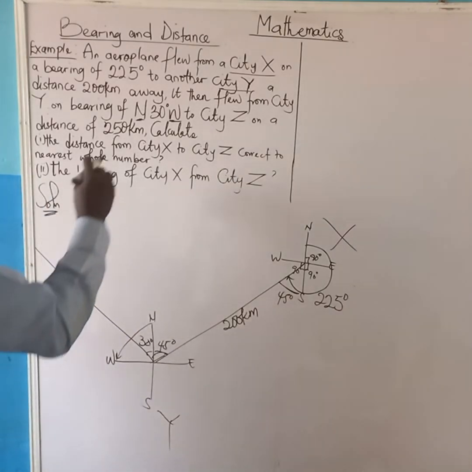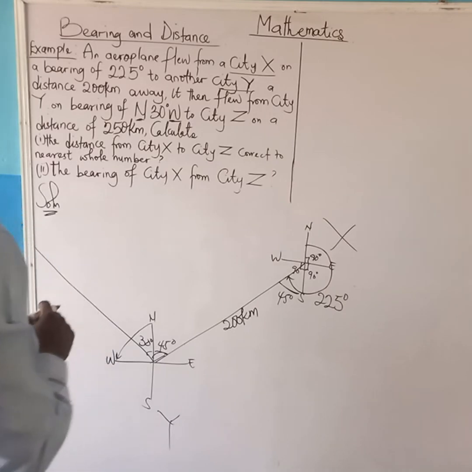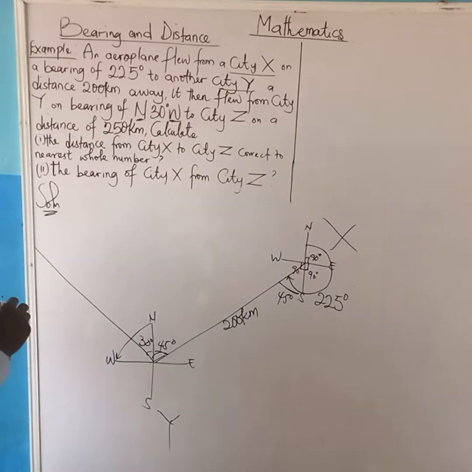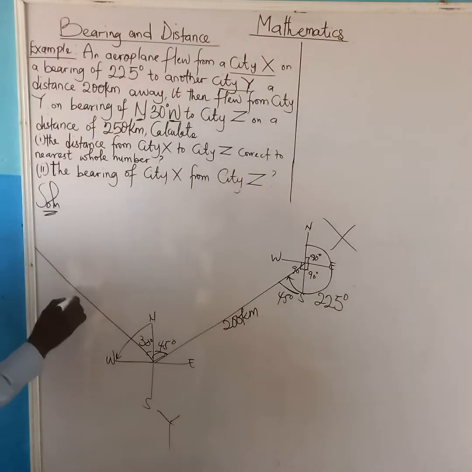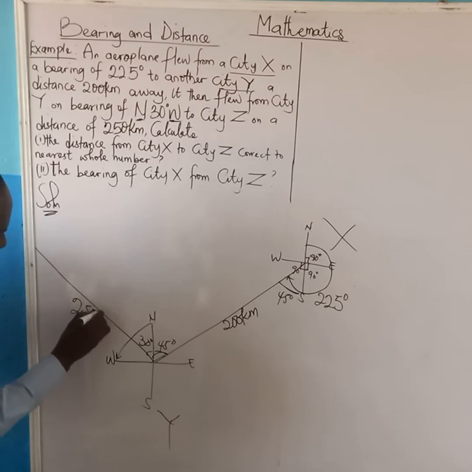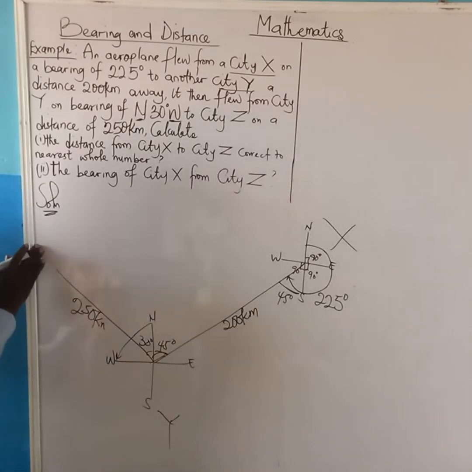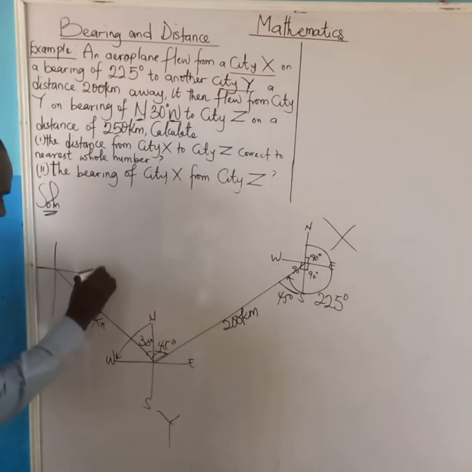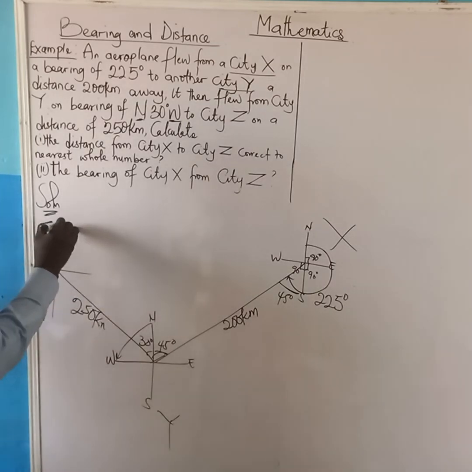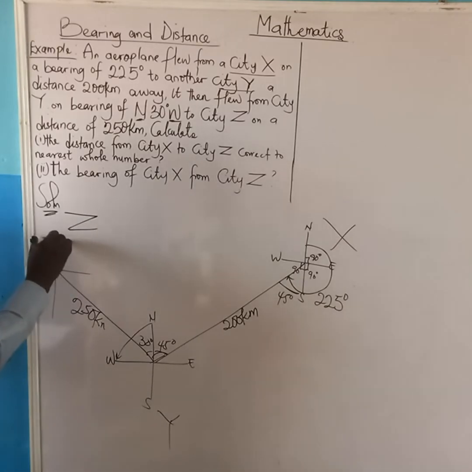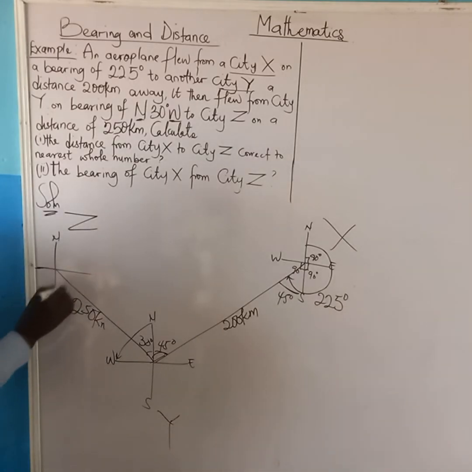Having done that, to the city Z on a distance of 250 kilometers. 250 kilometers. Then let's have here city Z. This is north, south, east, and then west.